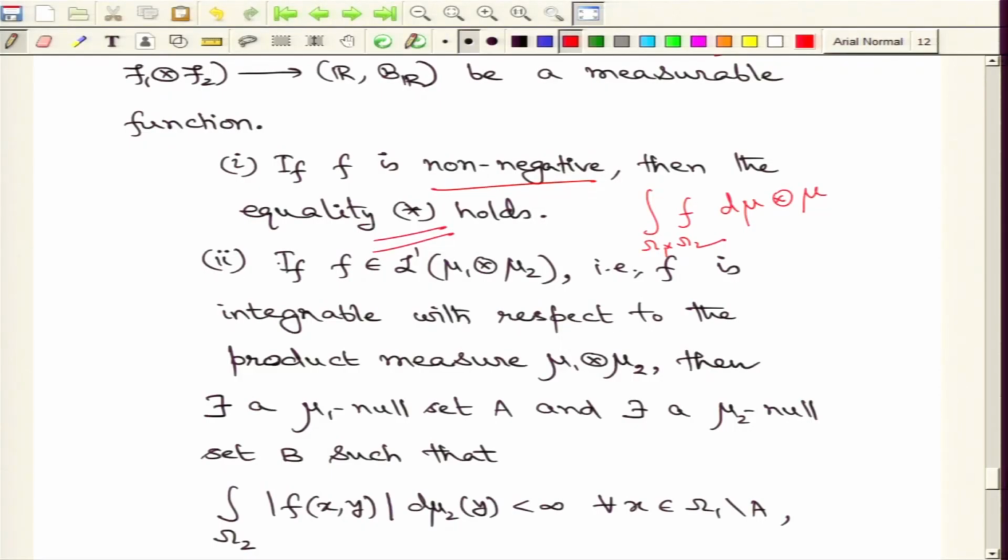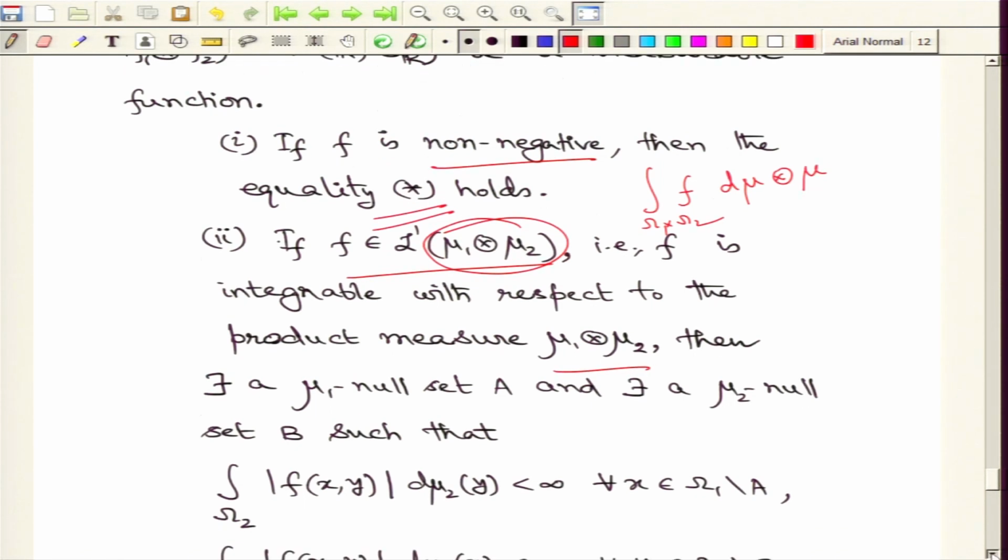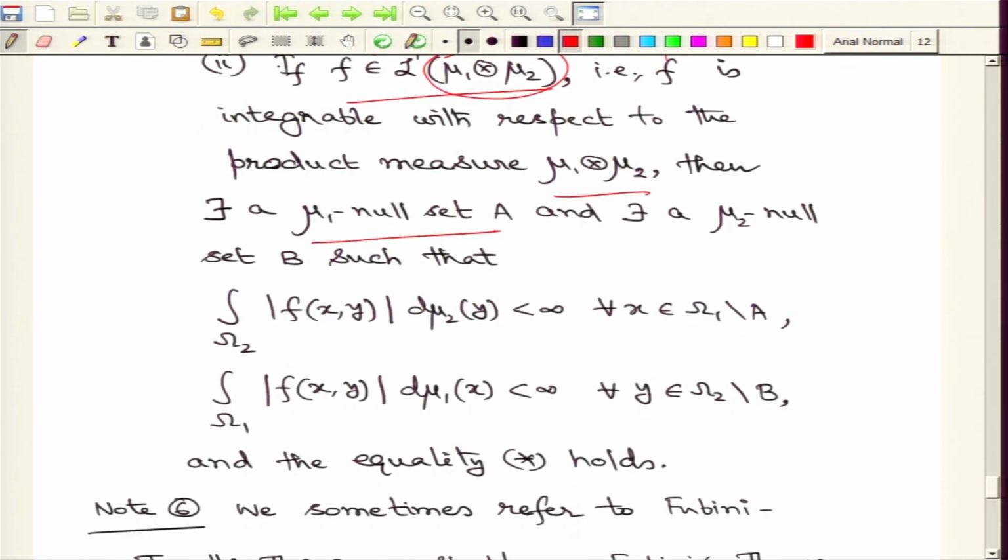Here if we now are going to extend it to general measurable functions, then let us work with integrable functions with respect to the product measure. If it is integrable with respect to the product measure, then we first claim that there exists a mu1 null set capital A and a mu2 null set capital B, such that for points coming from the complement of the mu1 null set, you have finiteness of the integral when you integrate the function with respect to the second measure.